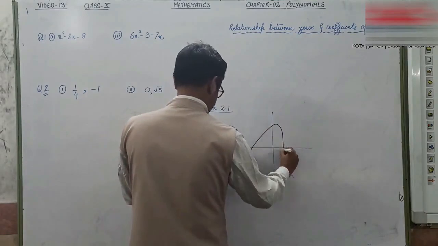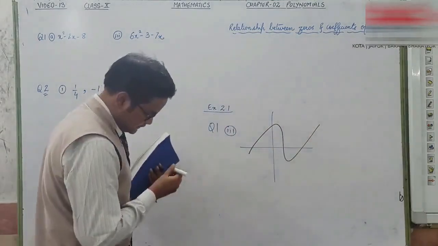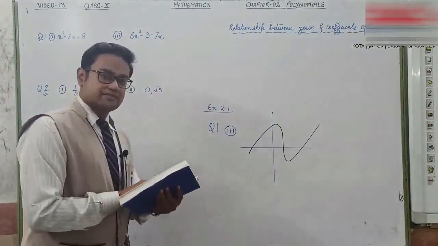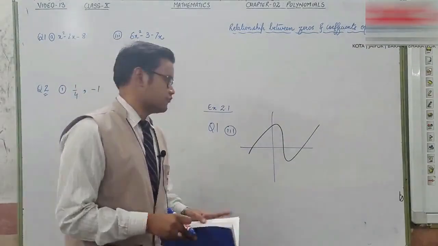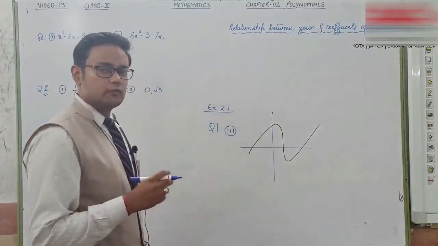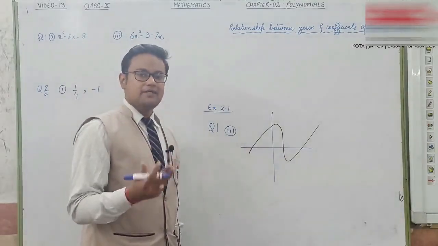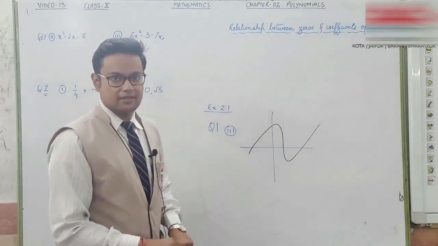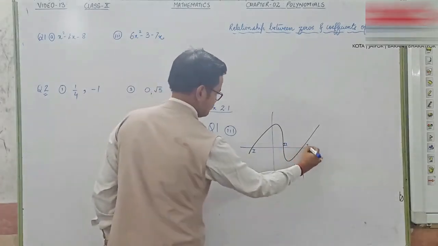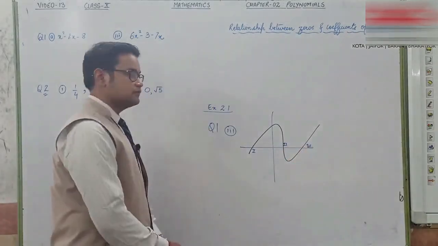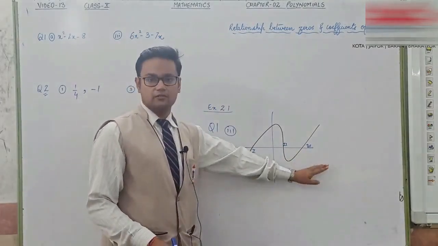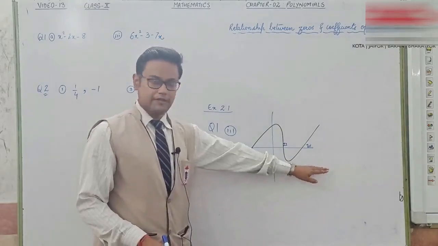The question asks you to find the number of zeros of p(x). In order to find that, you need to first determine how many times it intersects the x-axis. So 1, 2, 3. So this graph has 3 distinct zeros for now, right?